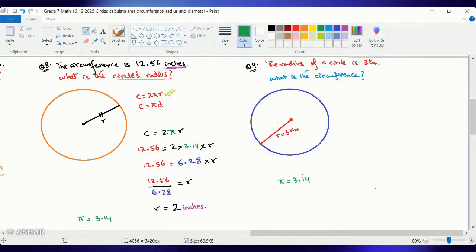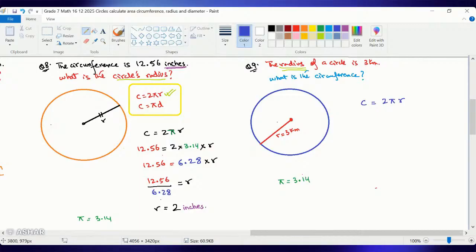So since we need to find the circumference, we just did the same question in the previous part, right? We had two formulas for the circumference. But since we are using the radius in this case, we can say circumference is 2 pi r.